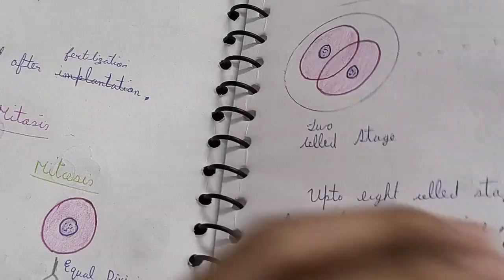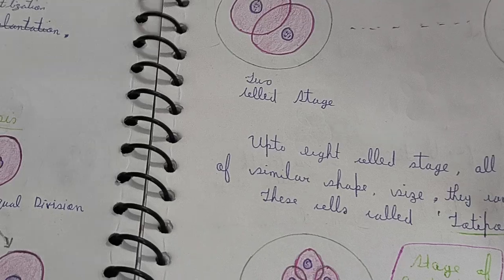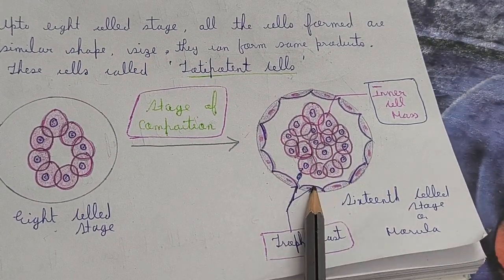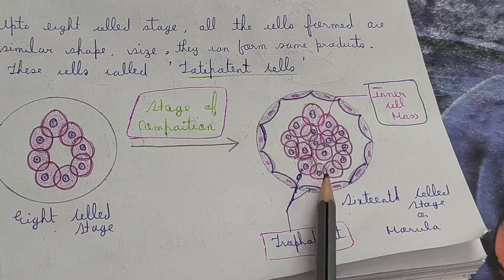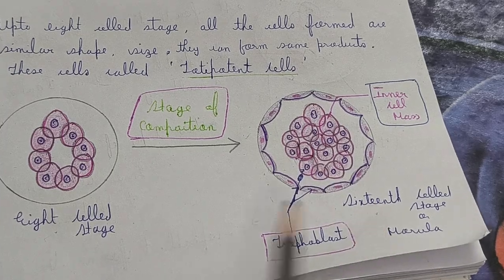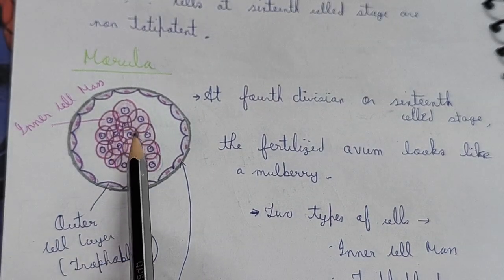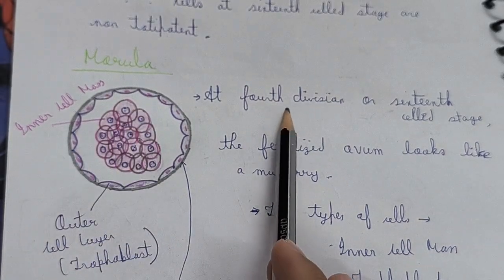So the stage of compaction is responsible for the formation of trophoblast and inner cell mass in the 16 cell stage.